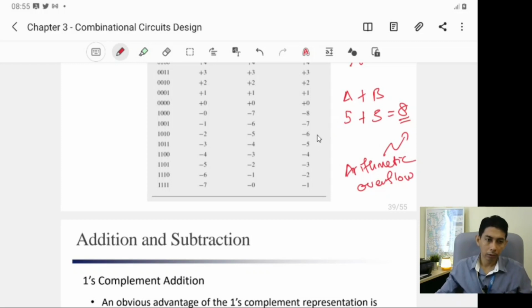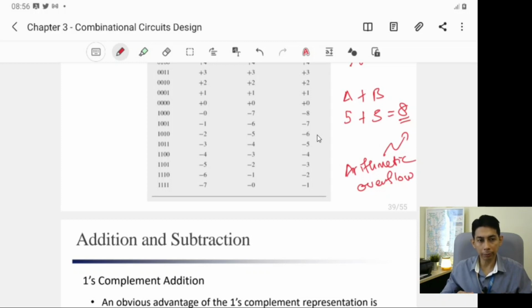All right. So when we design a digital system, we need to have a mechanism to check for arithmetic overflow, so that we can handle the result.